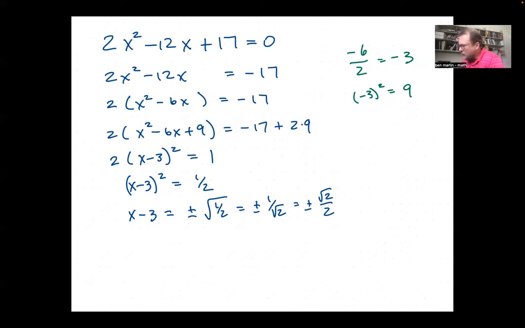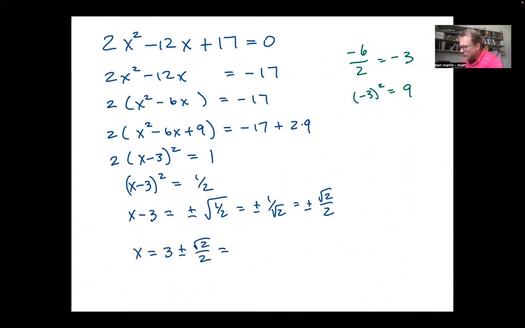But I'm going to work with this one here because it will fit with what we do in the more general case. So now I'm going to add 3 to both sides and have x equals 3 plus or minus square root of 2 over 2.